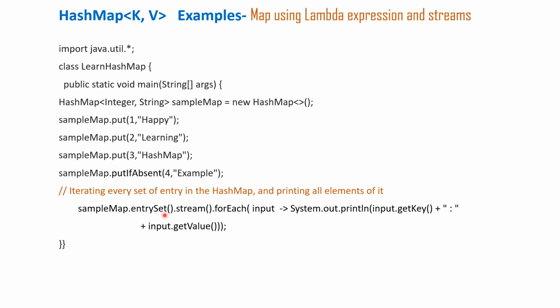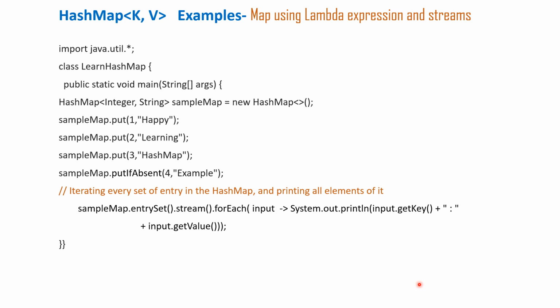So sample map dot entrySet dot, on this entry set of the map, we are going to apply stream, and on that stream we are iterating. So in the forEach method, on the input we get the key, only one variable we have taken, and print that. So in the println statement, input dot getKey, colon, however it should look for us, it's up to you.